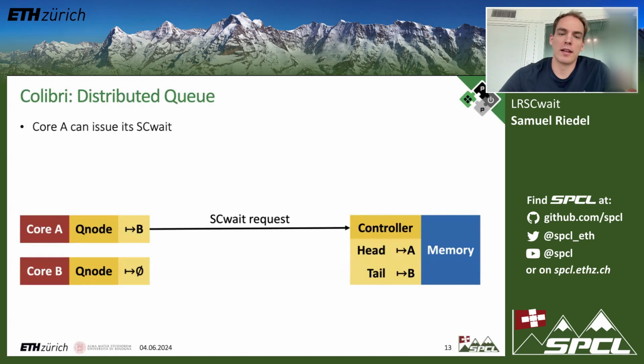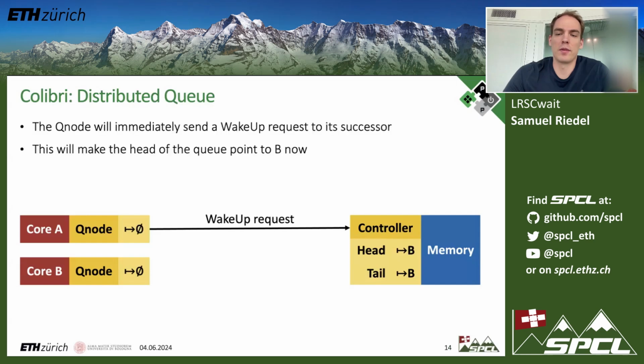At this point, maybe A issues its store conditional. So it completes its operation. And to keep the queue intact, it will be removed from the head, but since it is the only core knowing which core will be the next one in the queue, it has to send this information to the controller as well.